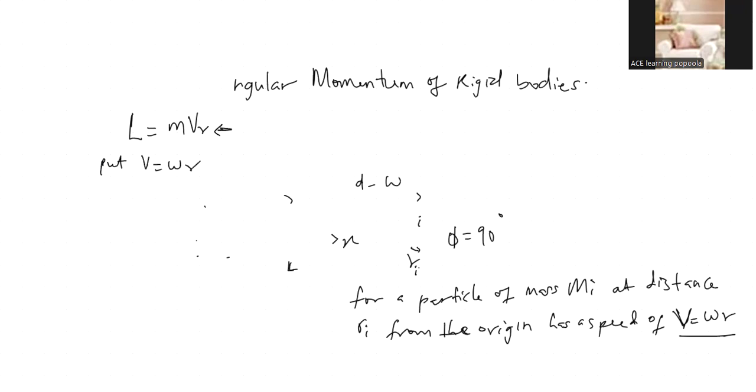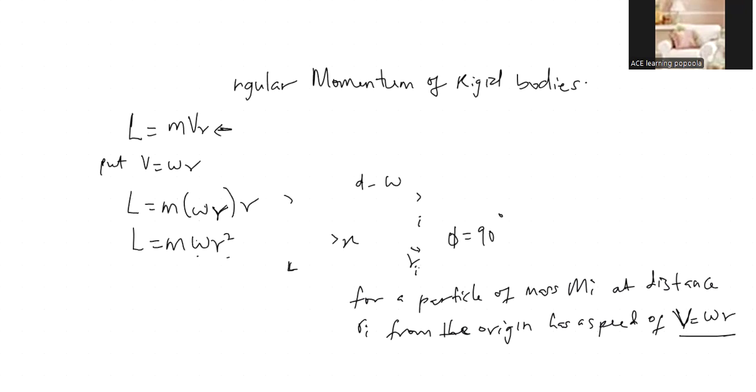So it becomes L equals m omega r times r. So this becomes L equals m omega r squared, because these r's multiply each other.